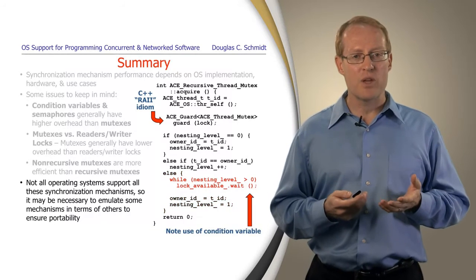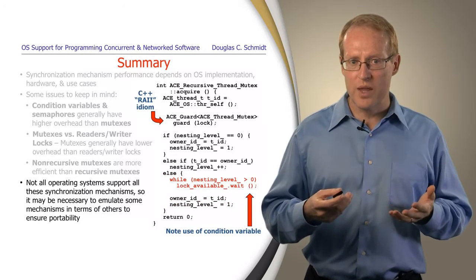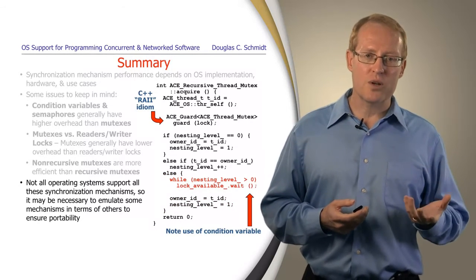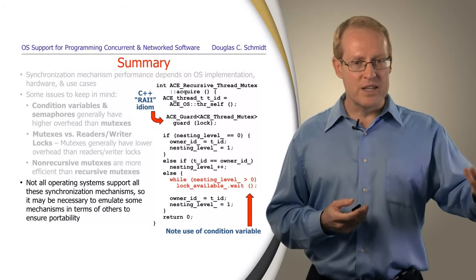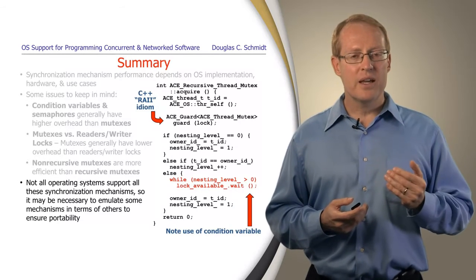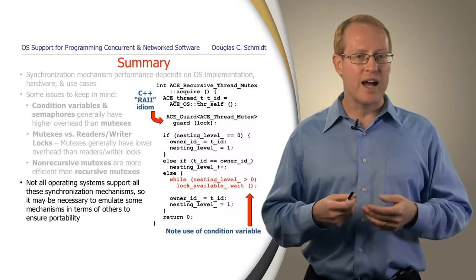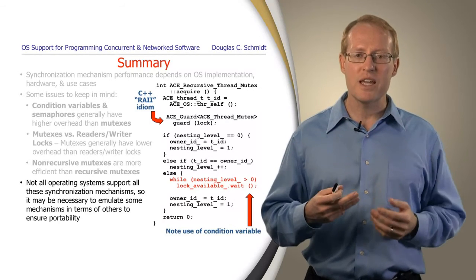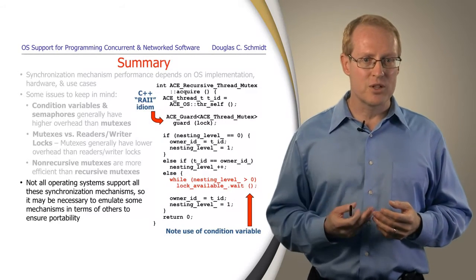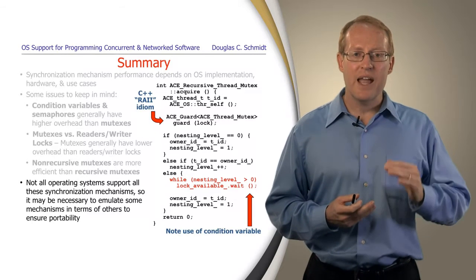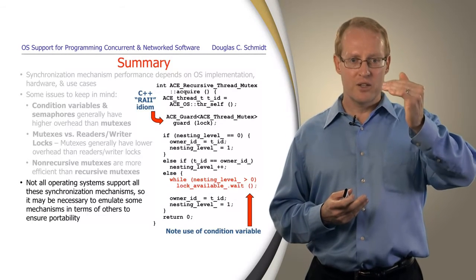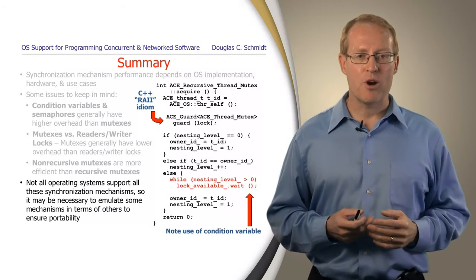And here you can see where we use a condition variable in order to do that wait operation. And the way this works is when you call wait, it releases the lock and goes to sleep. And then when someone later releases the lock, we don't show this code here, but when the lock is released, that would cause the nesting level to have been decremented by 1. And then you could go ahead with the lock held, check that condition, and see if you can make progress.